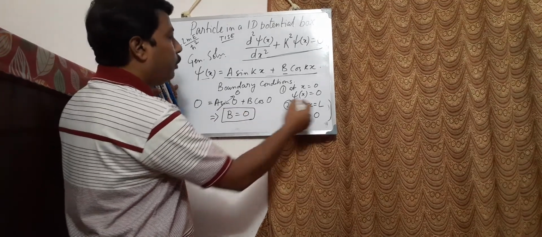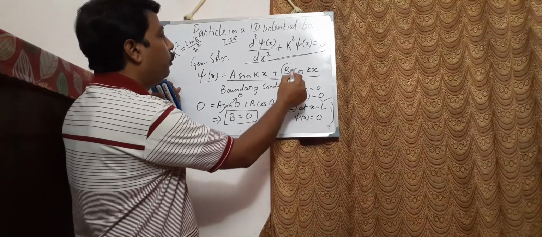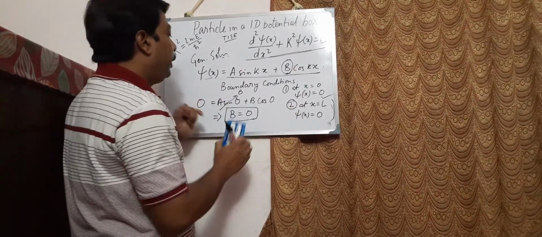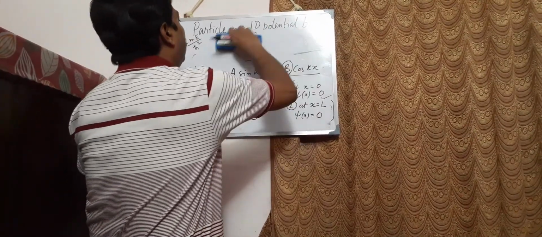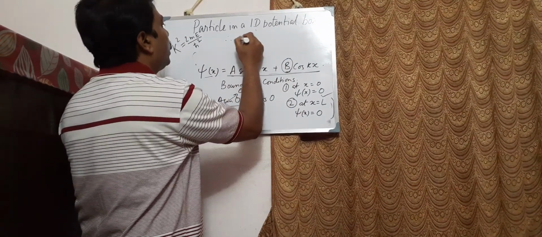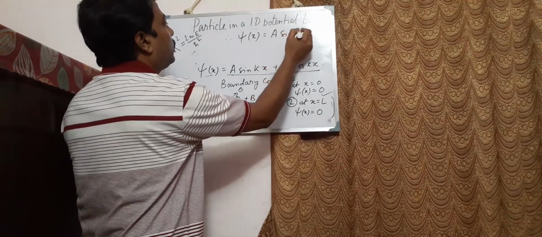So my first boundary condition gives me the value of this arbitrary constant b, which is 0. So if b is 0, then what is my wave function that is left over? Therefore psi x is a sin kx.